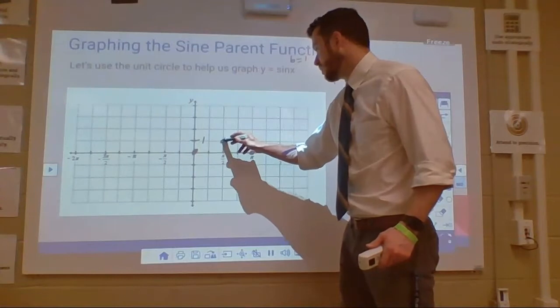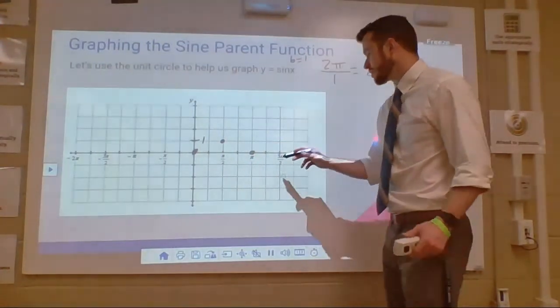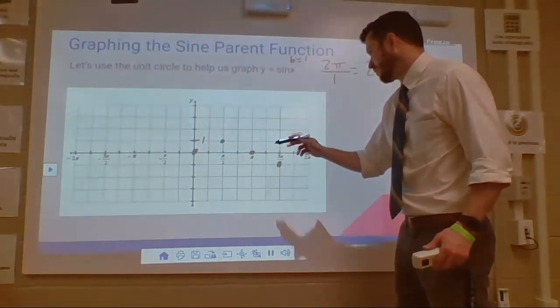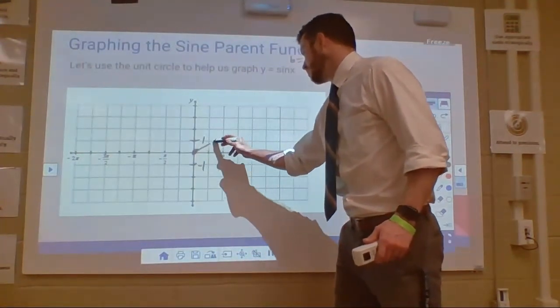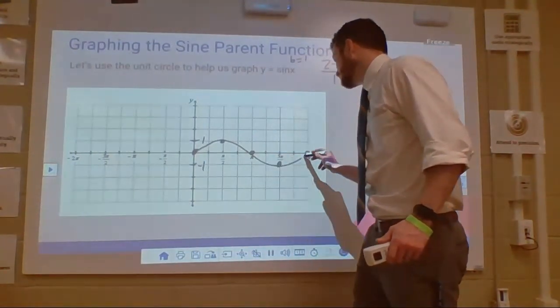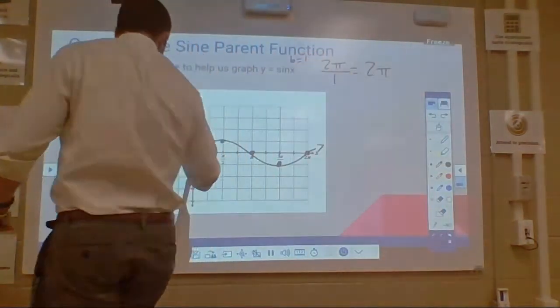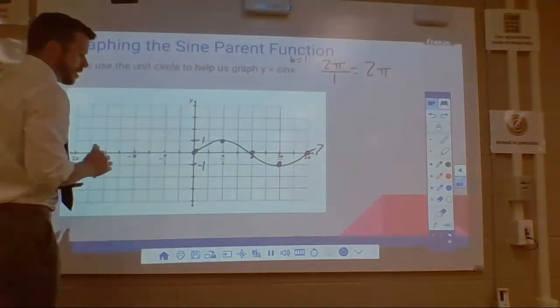So we're going to have a point right here, and then at 3 pi over 2 radians on the unit circle, the y value is negative 1. So we're going to have the y value on this graph right here at negative 1. So then here's one full period. All right, and then this is going to repeat itself on the other side, kind of like a mirror reflection here.